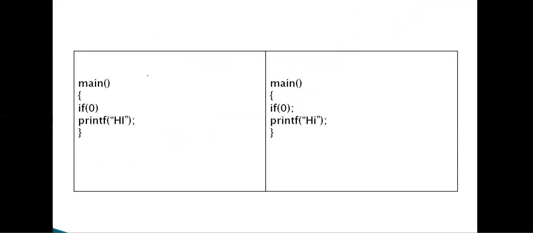Okay. Now, if 0, the condition is false, is the statement executed? No. What is the output? No output. That's simple, but see this one. If of 0, semicolon. Semicolon means end of a statement. In that situation, there is no relationship between the print statement and if.